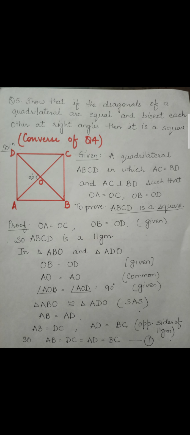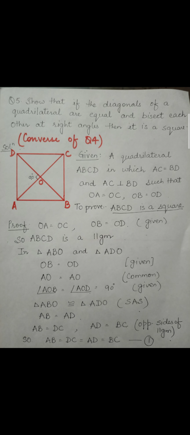If triangles are congruent, then AB is equal to AD. Adjacent sides are equal. Children, you can write here ABCD is a parallelogram with adjacent sides equal. It is a rhombus. And here AB is equal to AD and AB is equal to DC. Opposite sides of a parallelogram are equal.